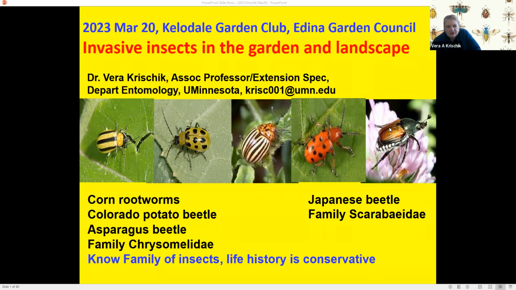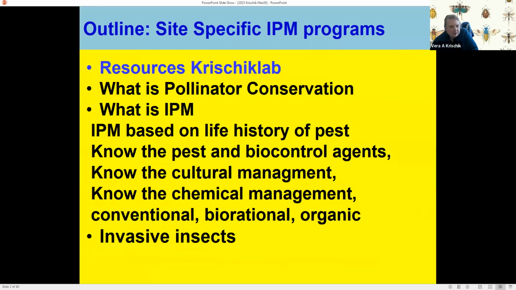This is in a different family, the family Scarabaeidae, and so you manage them completely differently. If you know you have leaf-feeding beetles, elm leaf beetles in this group, viburnum leaf beetle, all those beetles, then it's much easier to manage them. So that's our first point. Knowledge of insect families is important. It's conservative. All right.